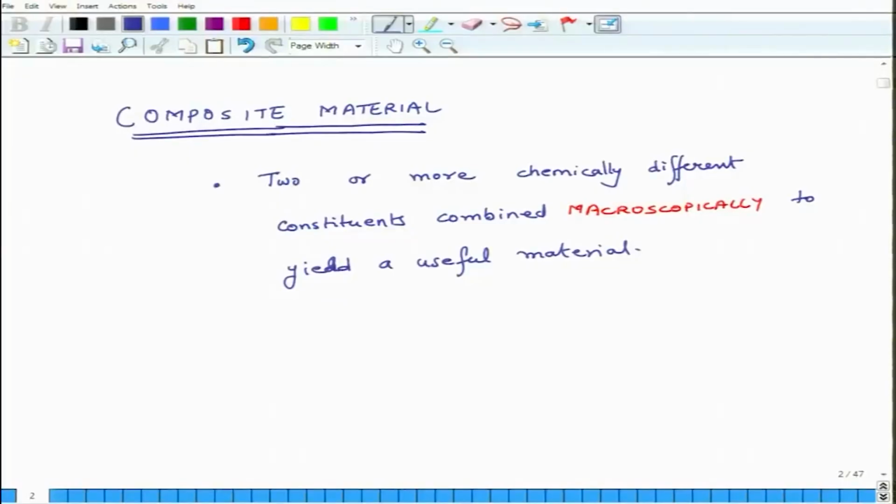And then of course, when I mix, I should get something useful out of it, otherwise it is just an exercise. So, what are the important things? Two or more, this is number one. The second thing is they should be chemically different constituents, and the third thing is they should be combined at a macroscopic level. Okay. So, let us look at some examples.